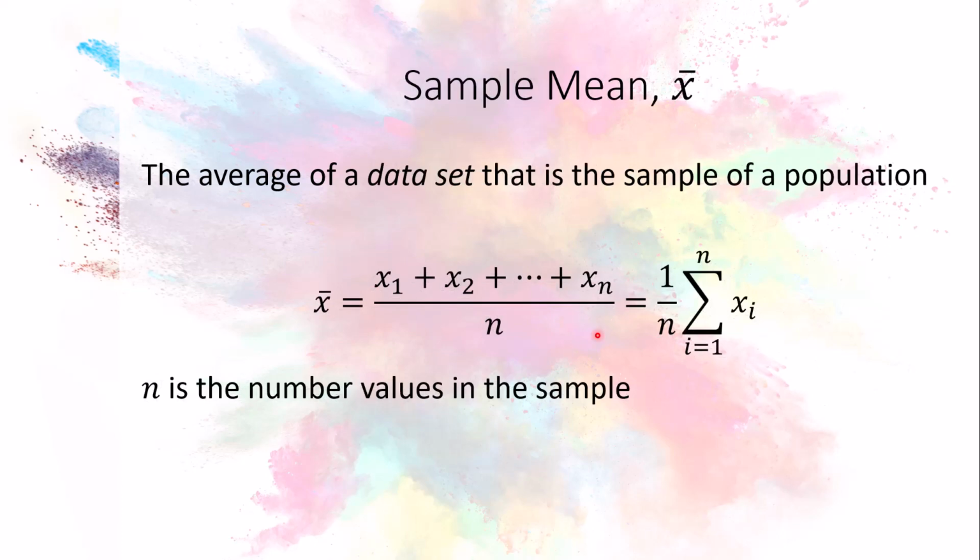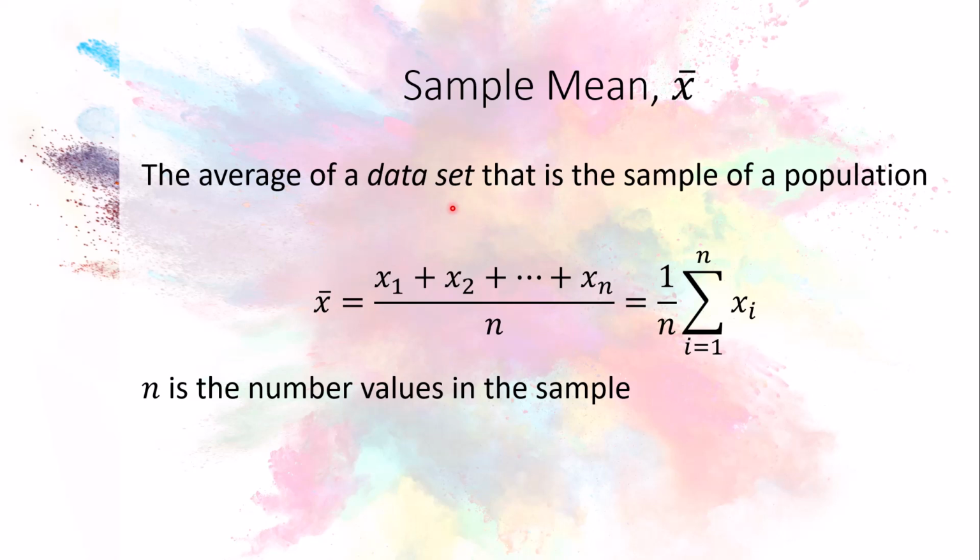Now, if you don't have access to the entire population, which is usually the case, particularly for large populations like all the citizens of a given state, then you probably only have access to a sample of that data. And in that particular case, the mean that you're going to compute is going to be the sample mean.